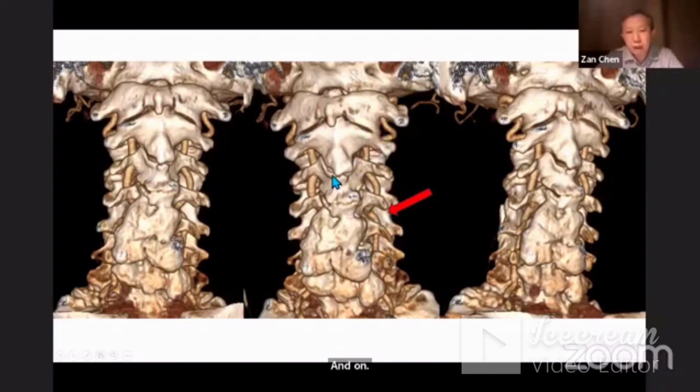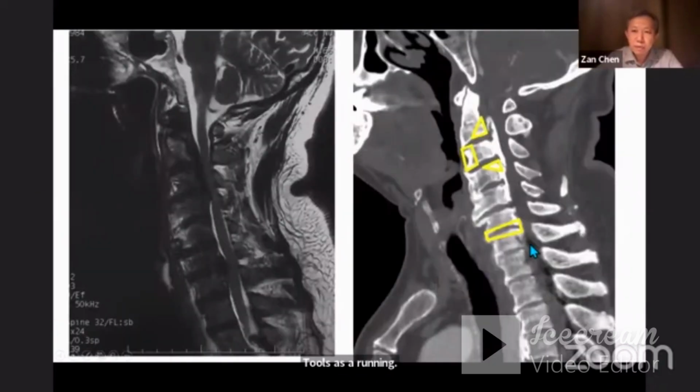CT angiography showed a lot of bone hypertrophy on the anterior border of the cervical spine, and it's very dangerous to perform ACCF at the C4 level because the vertebral artery is running irregularly. It's very easy to hurt the vertebral artery here. So we used a very carefully planned technique. We just pull up C3 and decompress the cervical spinal cord.